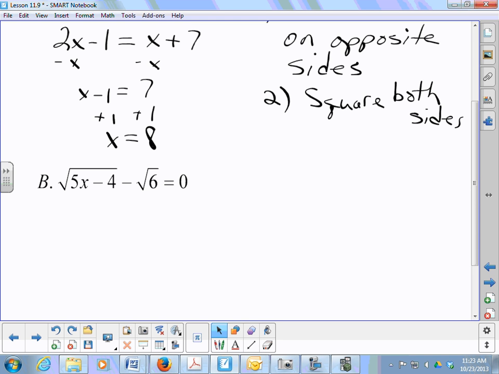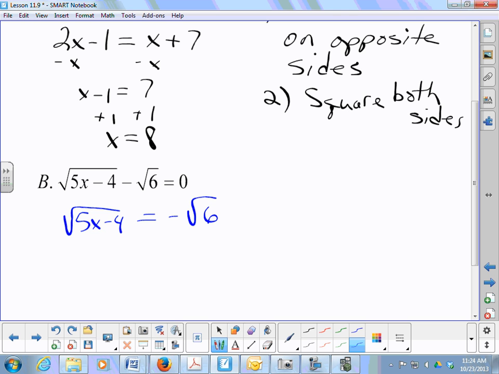I have two radicals. Step 1 says to put the radicals on opposite sides. All right, I did it. Is that right?